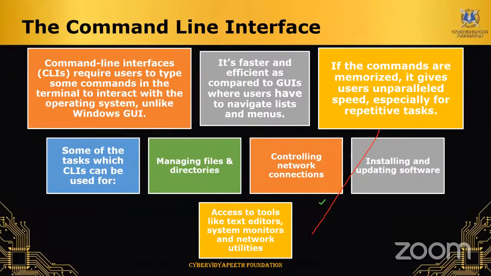Command line interface. There are two types of interface. We have the graphical user interface, which is GUI, and the command line interface, which is CLI. Command line interface requires the user to type commands in the terminal to interact with the operating system.